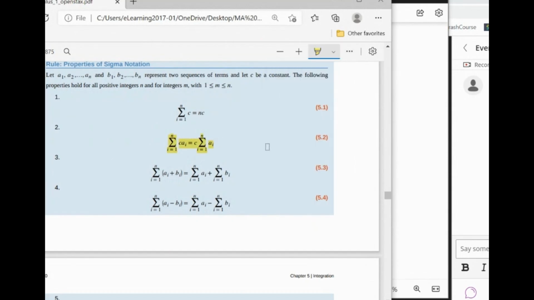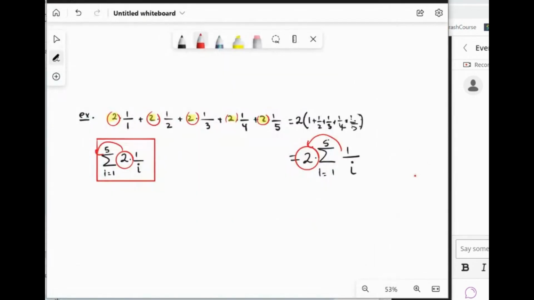We just talked about this rule. If there is a difference or sum inside this sigma, with I changing from some number to another number, then you can just split this into 2 parts.